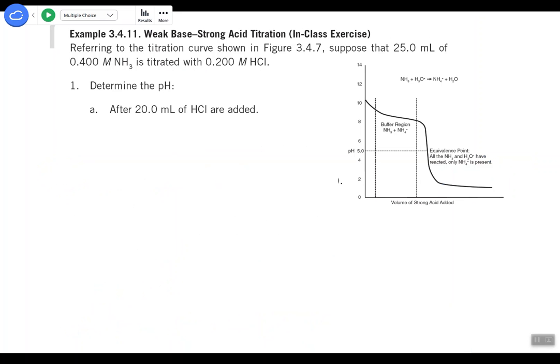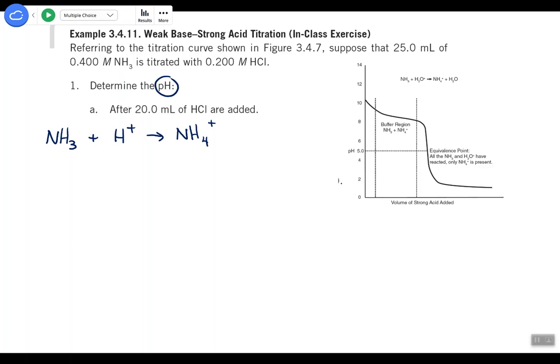So step one is that direct reaction. The NH3 reacting with the strong acid, HCl, H plus, H3O plus, to produce our conjugate acid. Well, we want to figure out the pH.